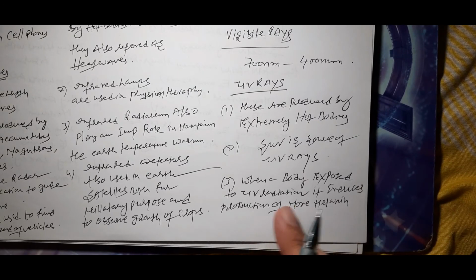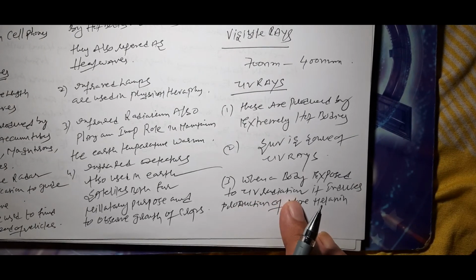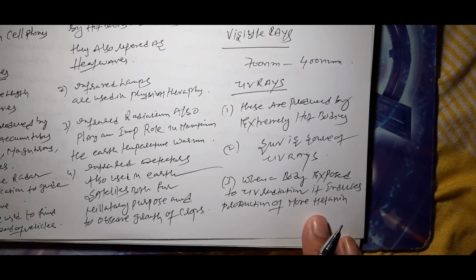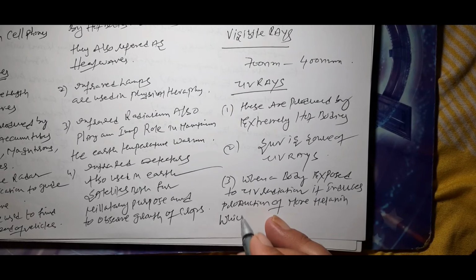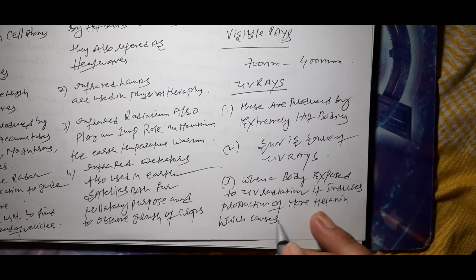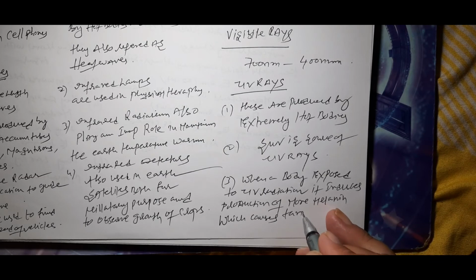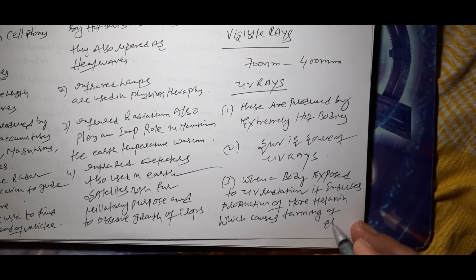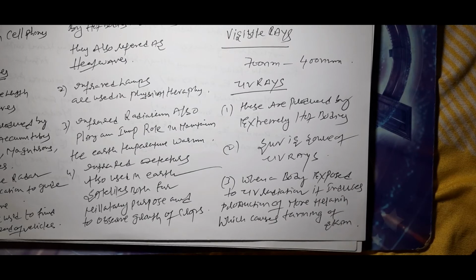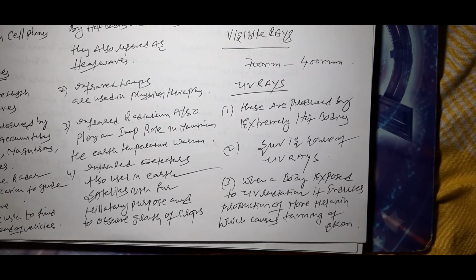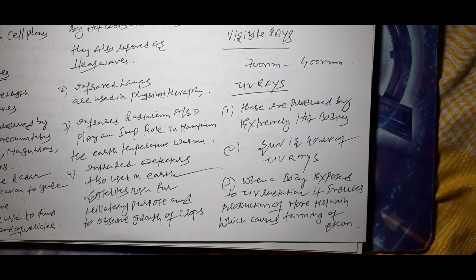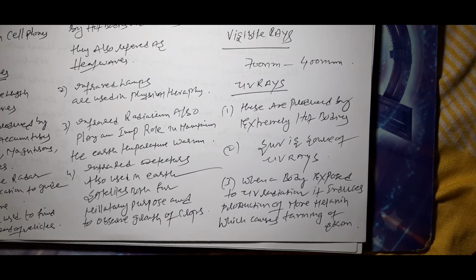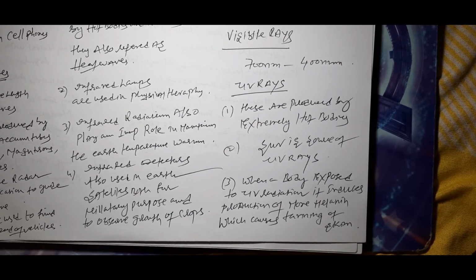So whenever a body is exposed to UV radiation, it induces the production of more melanin, which causes tanning of the skin. This is the bad experience with UV rays, so we must take precautions to escape from UV radiation.